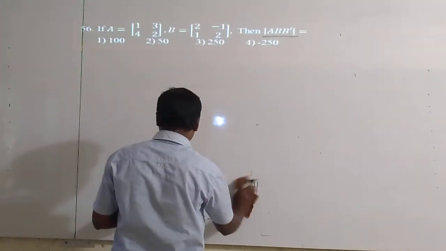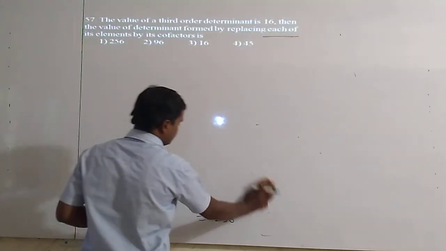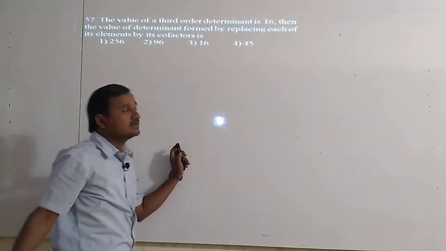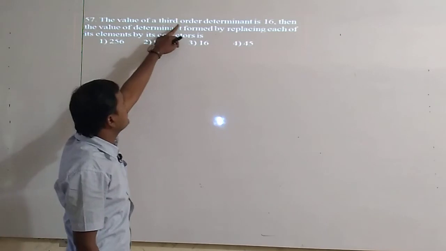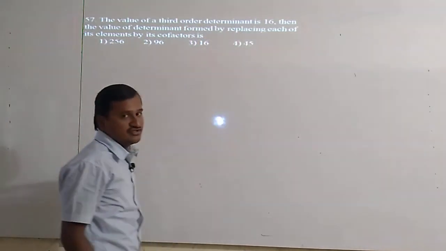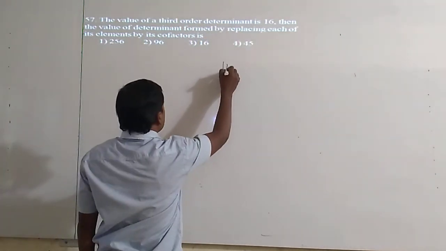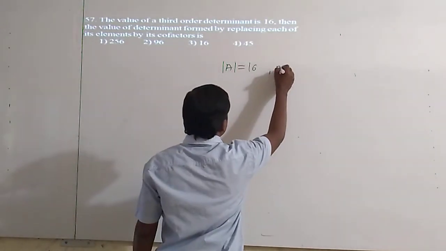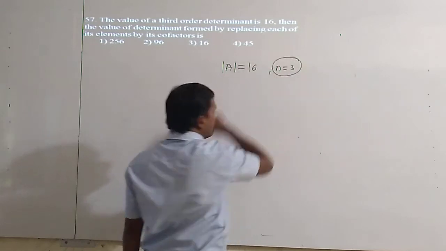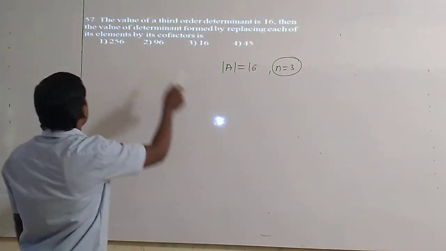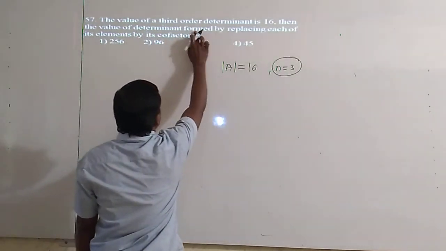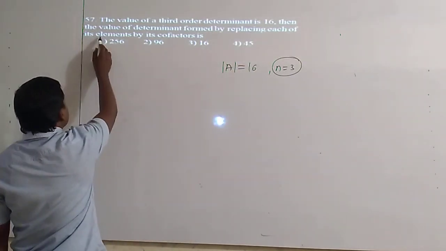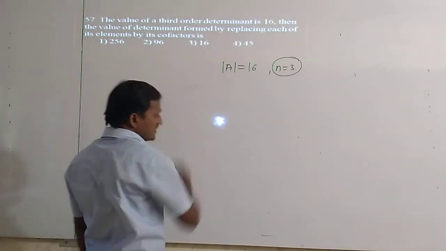This question. Okay, here first you should read the question carefully. The value of third order determinant is 16. Third order determinant they have given, determinant of A they have given 16, where n is equal to 3 they have given, order of a matrix. Next, then the value of determinant formed by replacing each of its elements by cofactors, right?